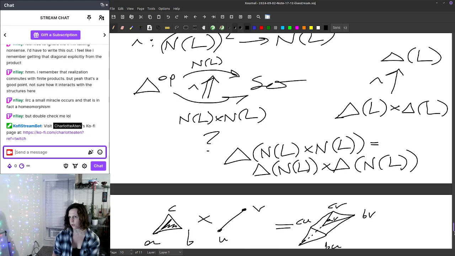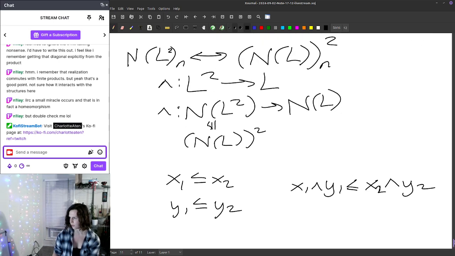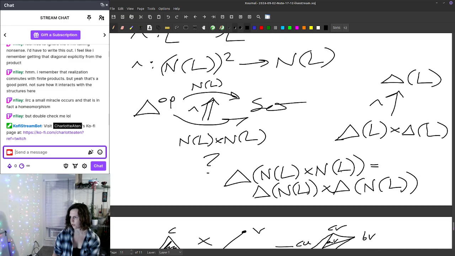Okay, so if that's correct, then that means that we have an operation on the nerve itself, which is just saying do this pairwise to lists of non-decreasing elements. And then I need to figure out, okay, so then I would need to use this.